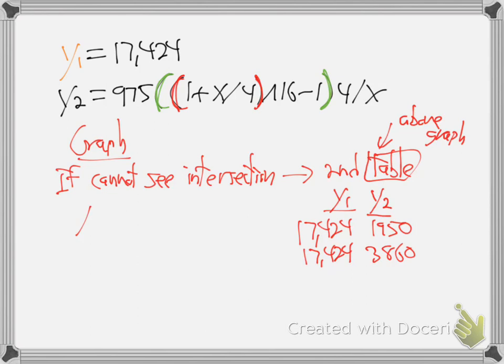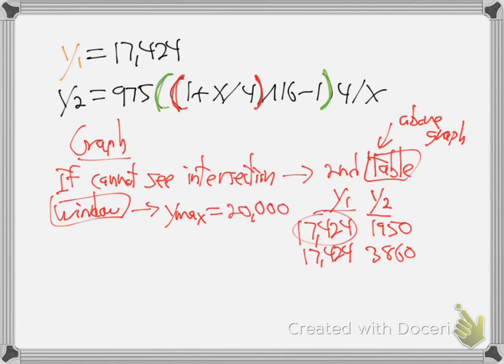Then you go to window, hit the window button and make the y max big enough to cover 17,424. Like make it 20,000, let's say. Just something that'll be big enough. Make the y min, I guess, 0.